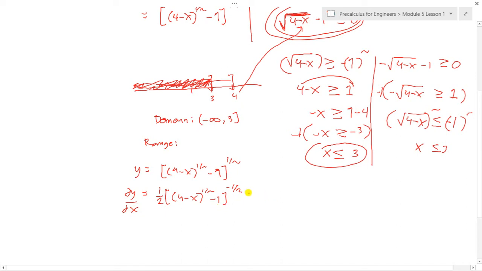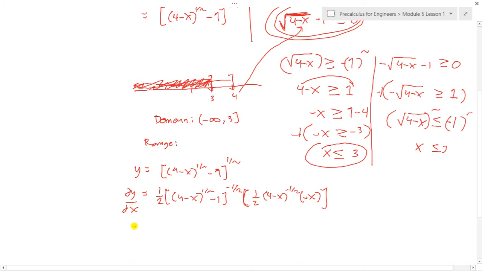This is calculus already. And then of course the derivative of the inside. So again we have 1/2, and then here we have 4 minus x raised to negative 1/2 again, then the derivative of the inside, which is negative x.